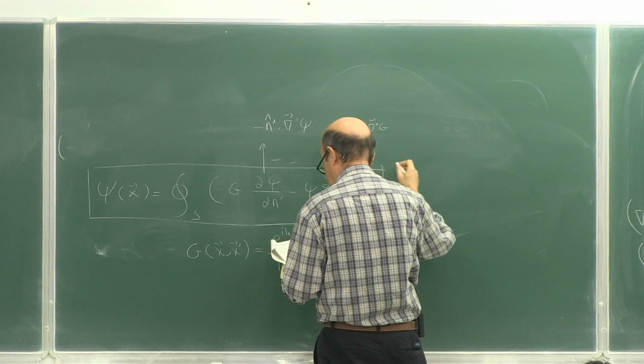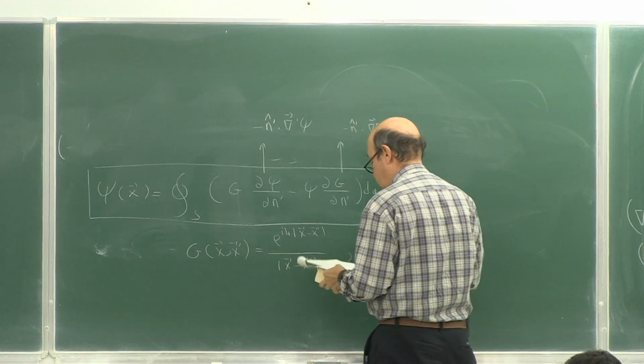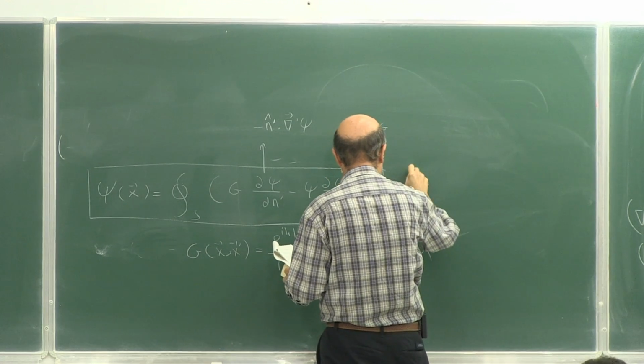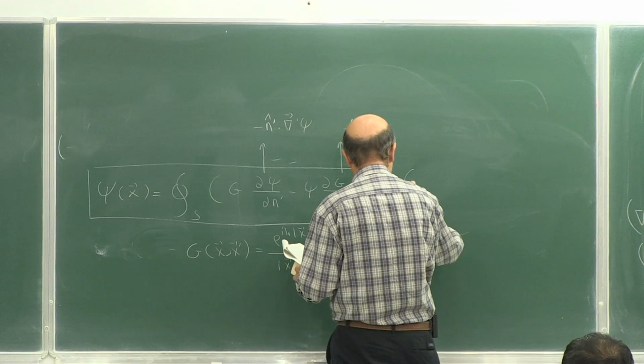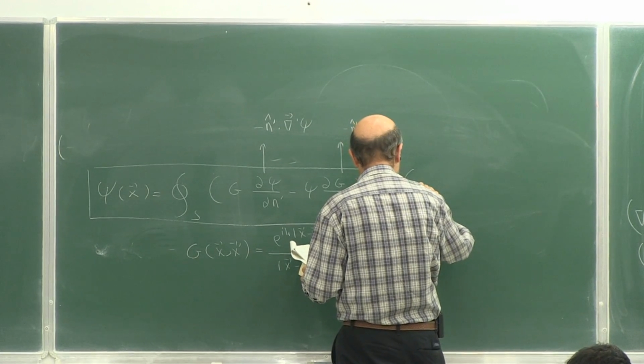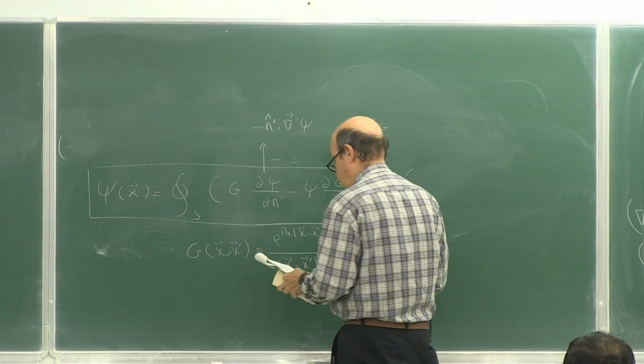I will just write the result because we are not going to use it. So the result will be the following. Through the surfaces, that is important, which surfaces we are going to discuss.